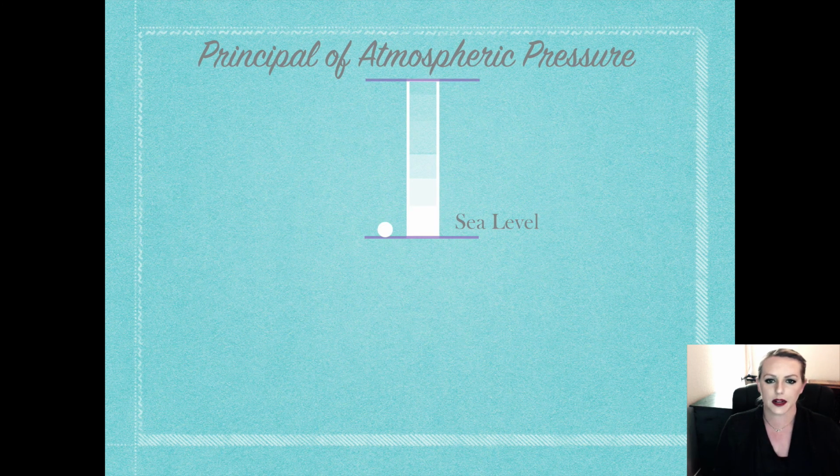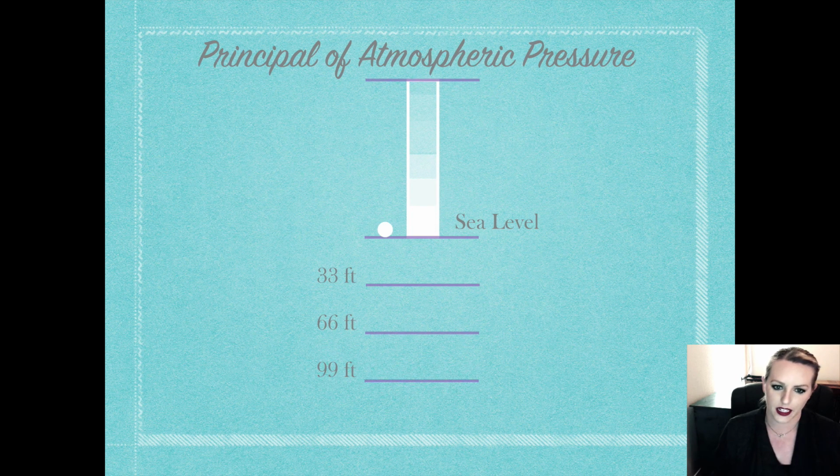So let's look at this here. You see our 1 inch column of air, our 1 atmosphere. But let's look at divers. Every 33 feet that someone dives, it is called diving an atmosphere. So 33 feet, 66 feet, and 99 feet.